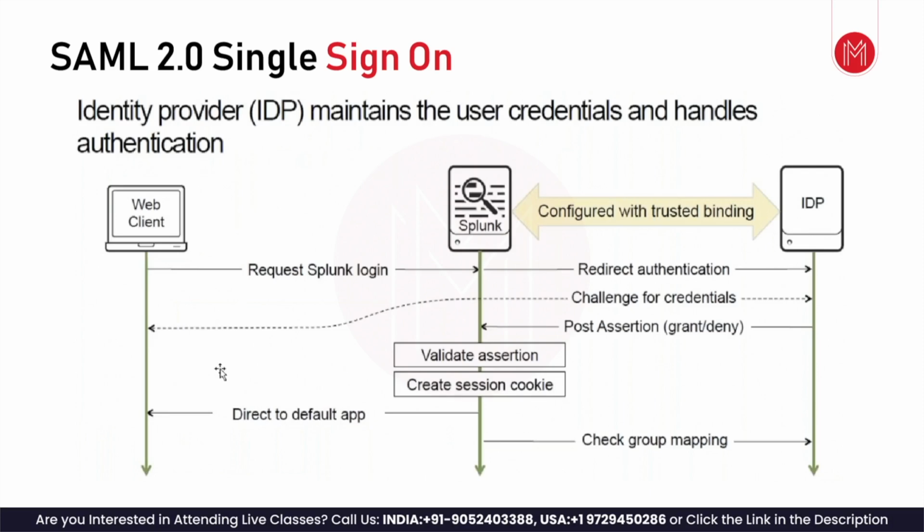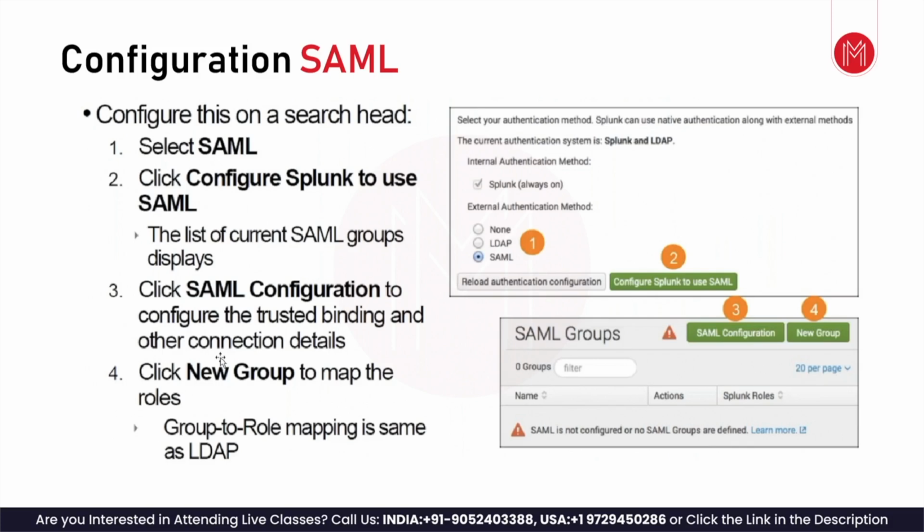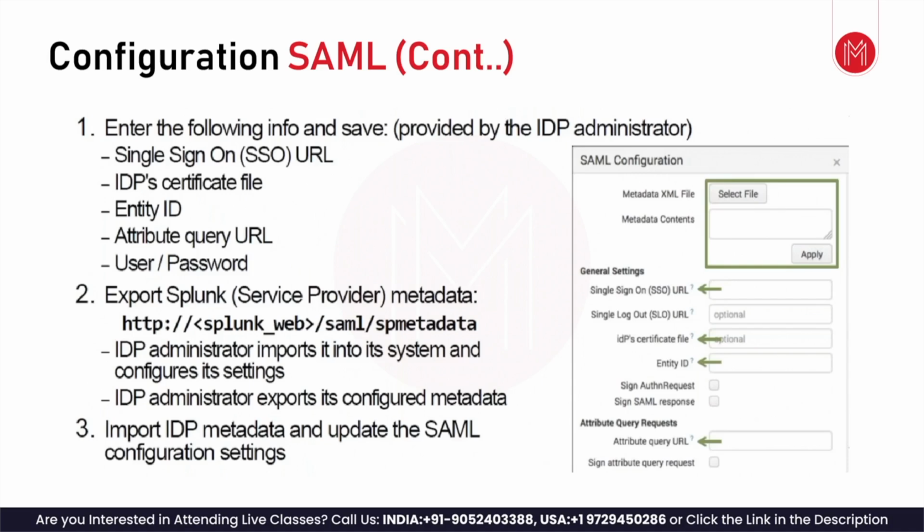So click on this SAML. What is happening? Configure Splunk to use SAML. The list of current SAML groups displays. So before that, what you need to do? Click SAML configuration, so that you can start working on this SAML. Configuring this SAML is a little different.